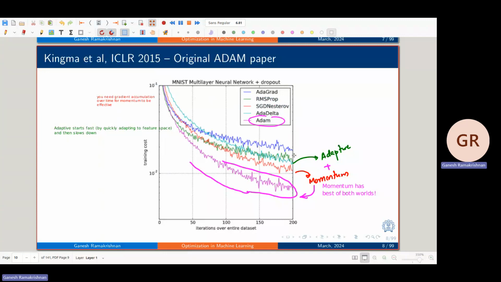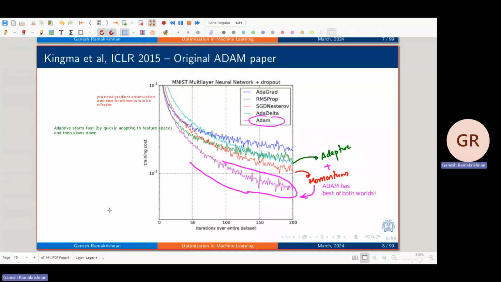Sorry, there's a mistake in the typo. What we show is ADAM has the best of both worlds. So there's momentum. ADAM, which is adaptive plus momentum, does better than both. Right? So it starts off roughly here, but then you can see that it overtakes both of them fairly quickly.